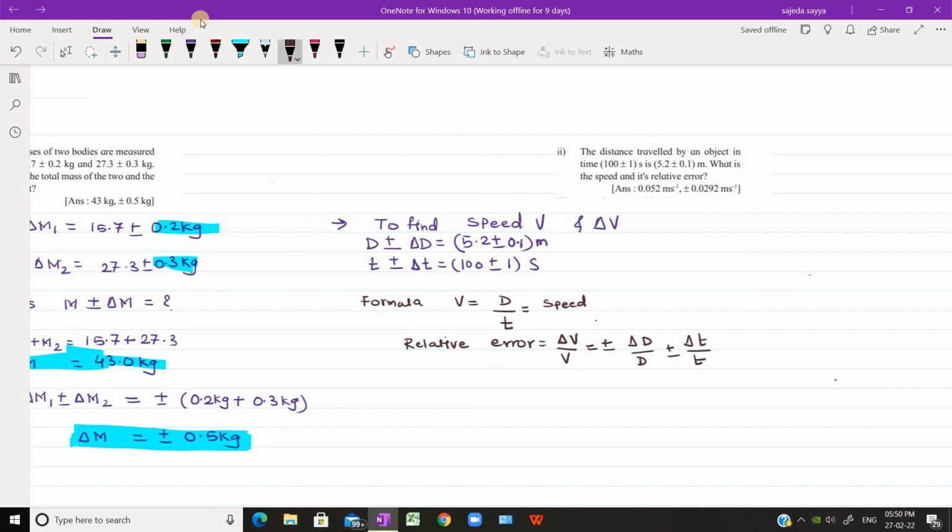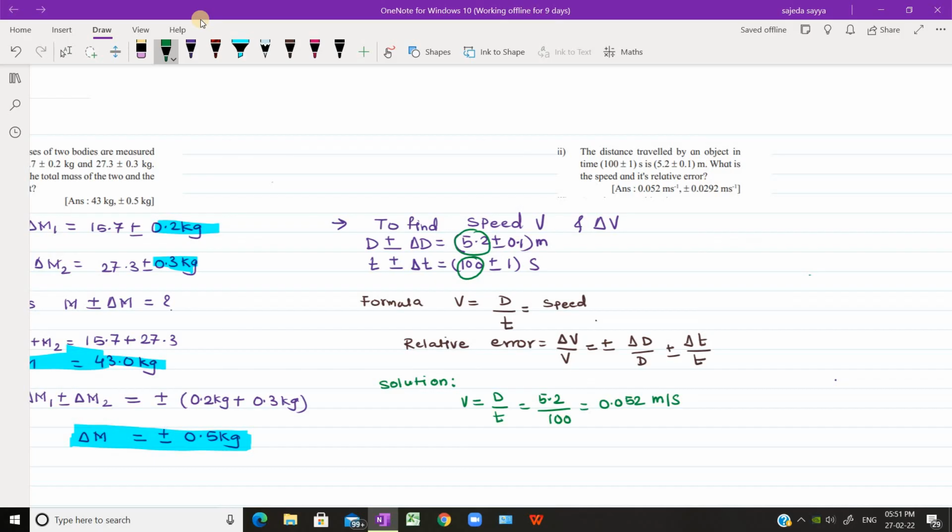Now next job is very easy, that is just the substitution. So solution is just the substitution. v is equals to d by t. Here it is d and this is t. So it is 5.2 divided by time 100 comes out to be 0.052, and as per its units, unit of speed will be meter per second.